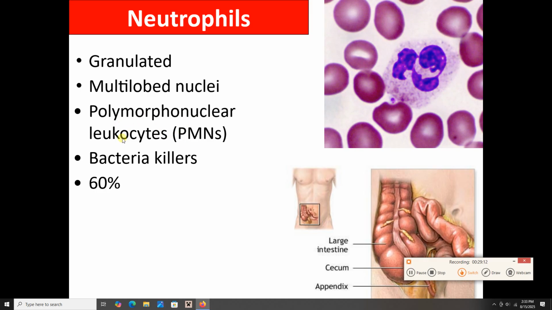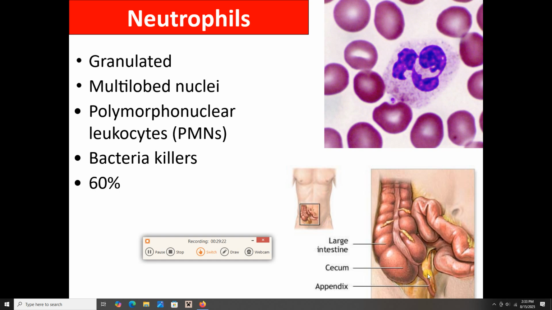And neutrophils make up 60% of your circulating white blood cells, and their number one job is to kill bacteria. So if you had appendicitis, bacterial appendicitis, your neutrophil count would go up in your blood. Neutrophils would rush to that area to help deal with the bacteria.